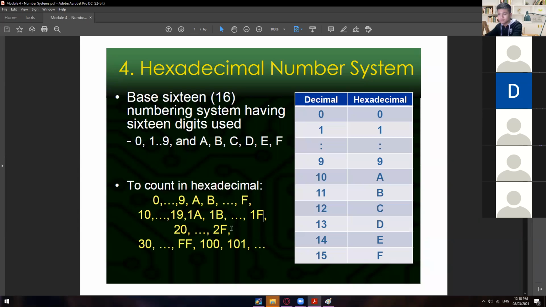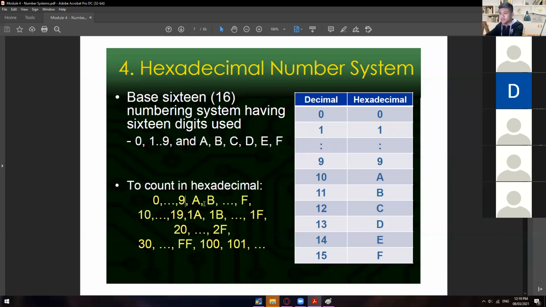And then 20 to 29 is still the same. However, when it comes to 32 to 47, it's now represented by 2A, 2B, 2C up to 2F, right? So that is already quite a long range of numbers when it comes to hexadecimal.